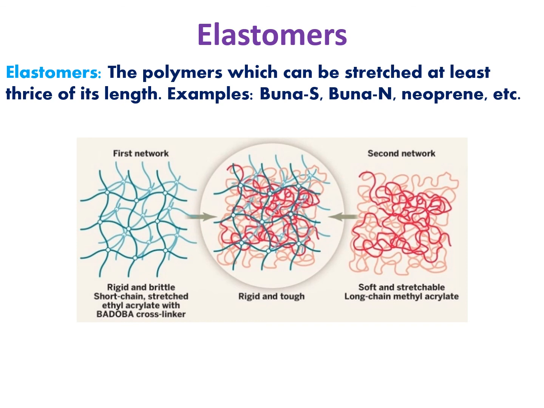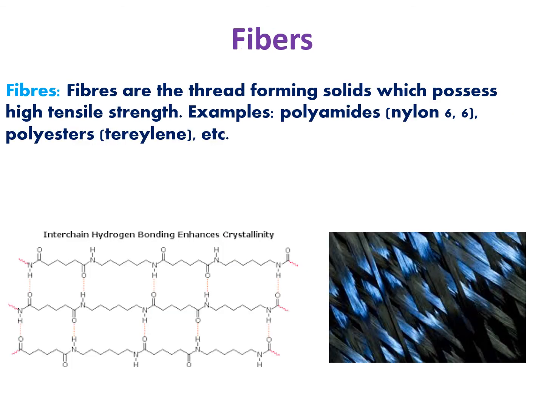Those are called elastomers. The final classification is fibers. Fibers are thread-forming solids which have high tensile strength. They have a metal-like structure. They are malleable. They have strong intermolecular forces, which are strong hydrogen bonding.